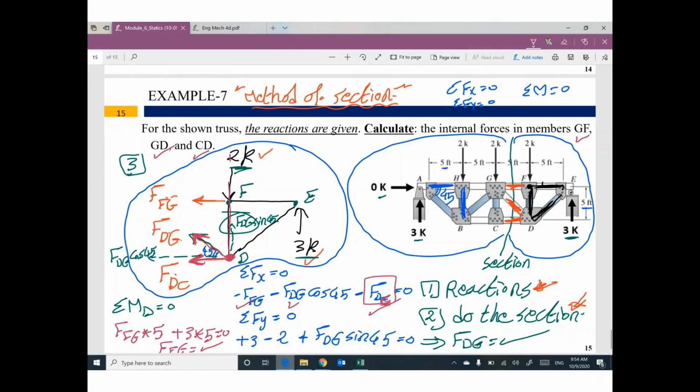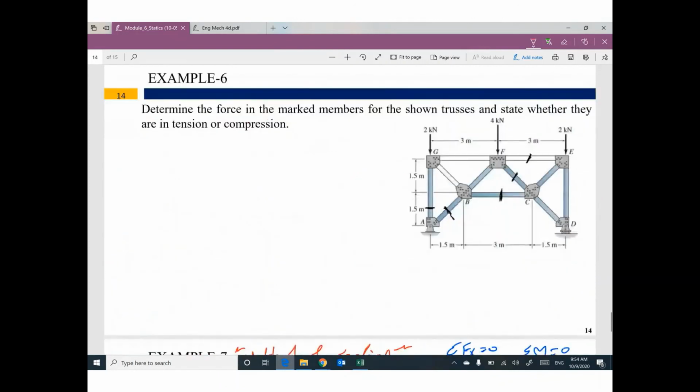This method is called the section method. For this example, we are looking for the force in this member, this member, and this member. So I'm going to use the section method to cut these 3 members. First step, you have to figure out your reactions. We have 1 reaction here and 2 reactions here. Second step, do a section to cut these 3 members.